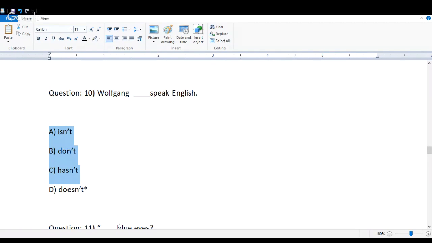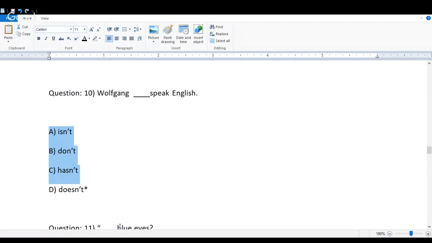And hasn't? Why can't we use hasn't? Hasn't spoken English yet. That makes sense, but it's not a present perfect sentence. Speak is the original verb, the infinitive verb. The case is that speak is in the infinitive form, or the base form, we should say.